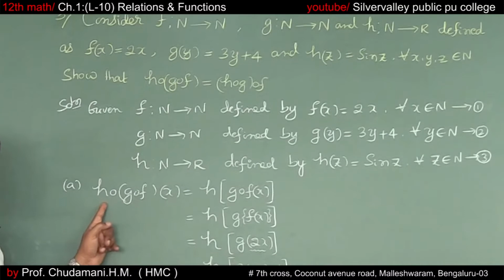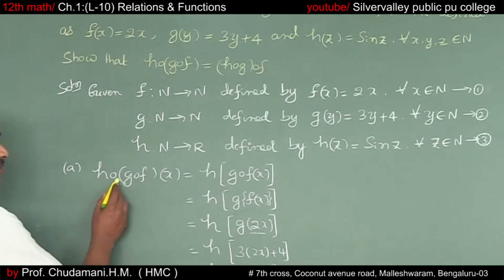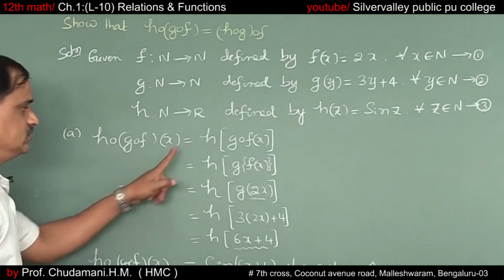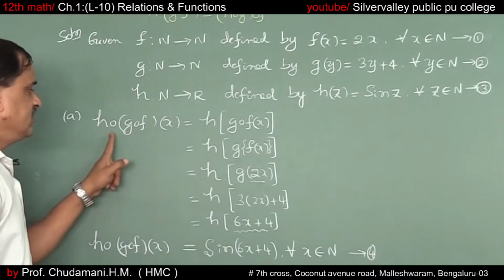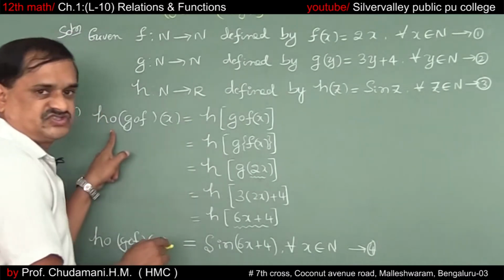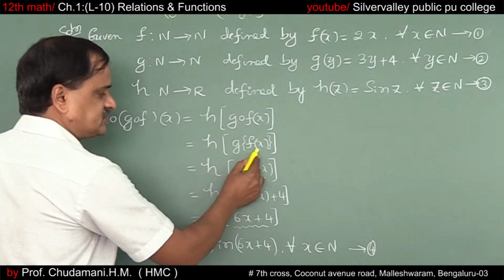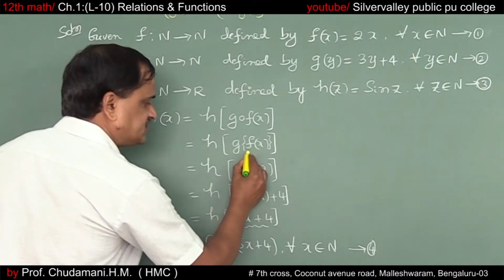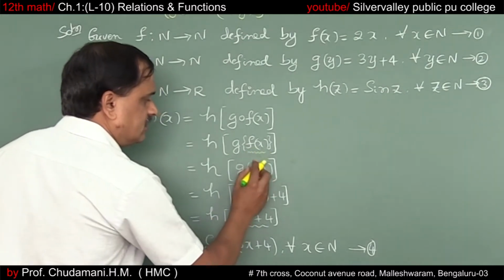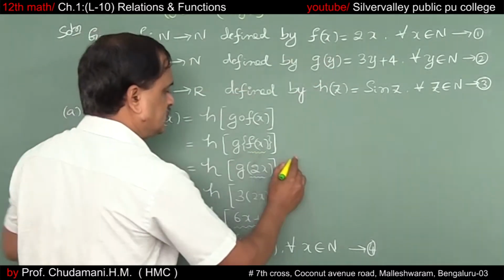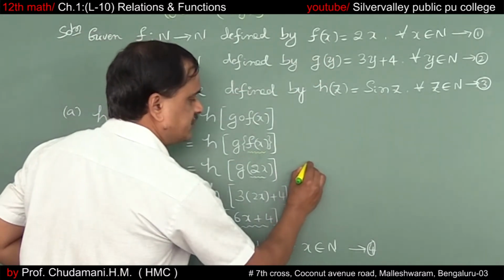Let us verify. Consider composition of GOF and h of x is equal to, this can be written as h of GOF of x. This can be written as g of f of x. But what is f of x actually? F of x is nothing but 2x using equation 1.